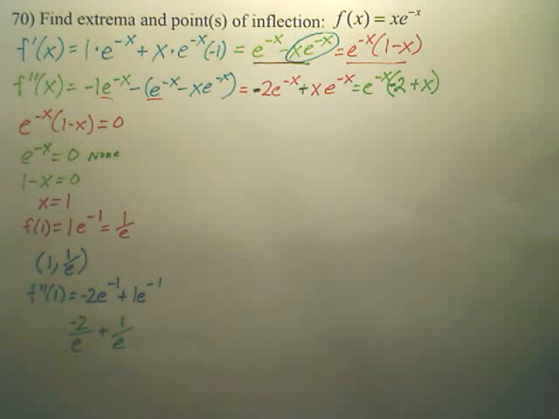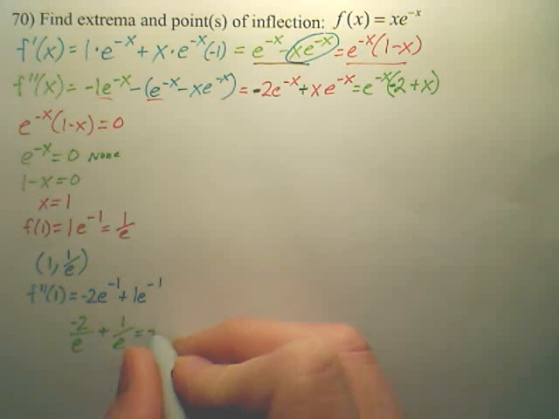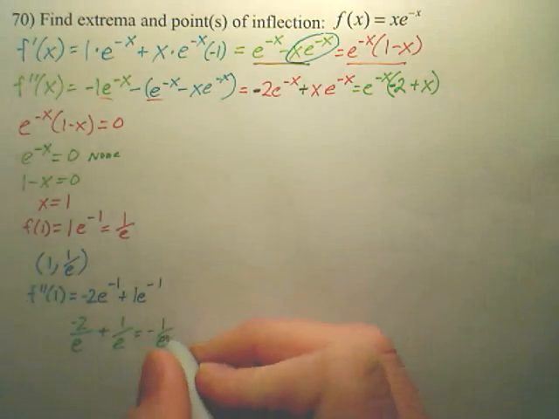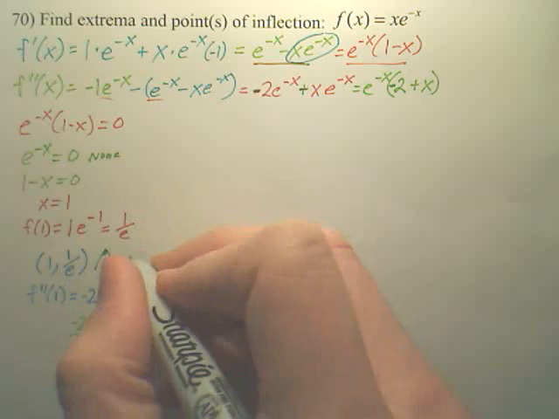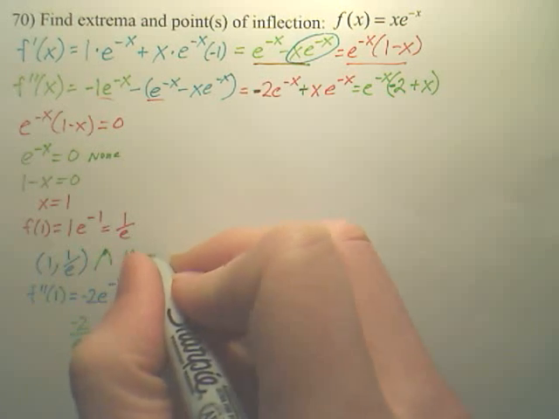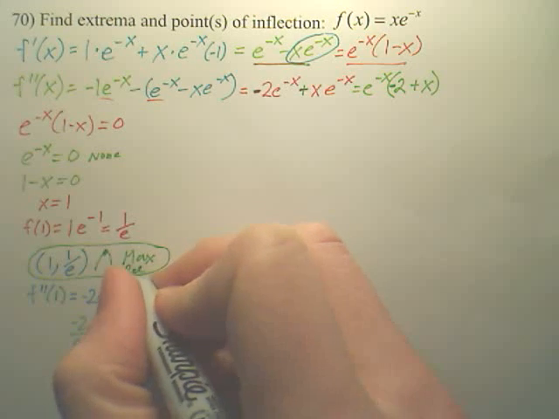Does that look right? Which would be, isn't this going to be negative? Or just negative 1 over e is what it's going to be. It's negative, so since it's negative, it's concave down, so it is a max. A relative max.